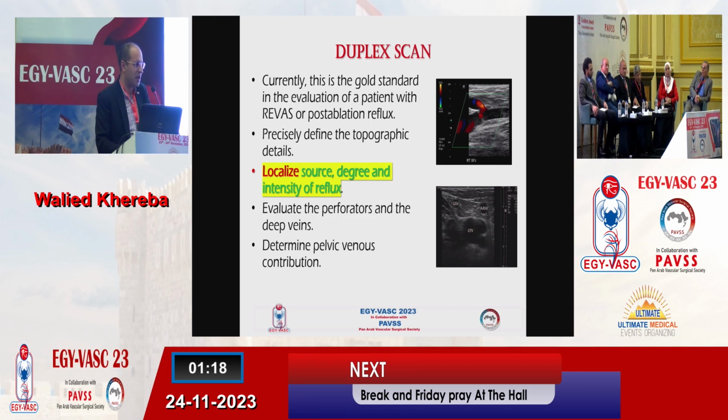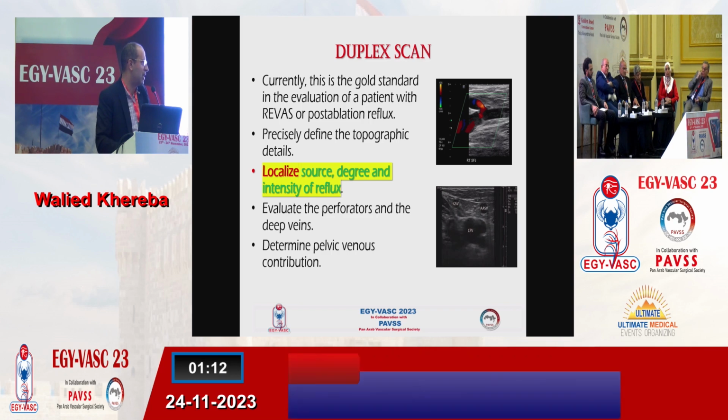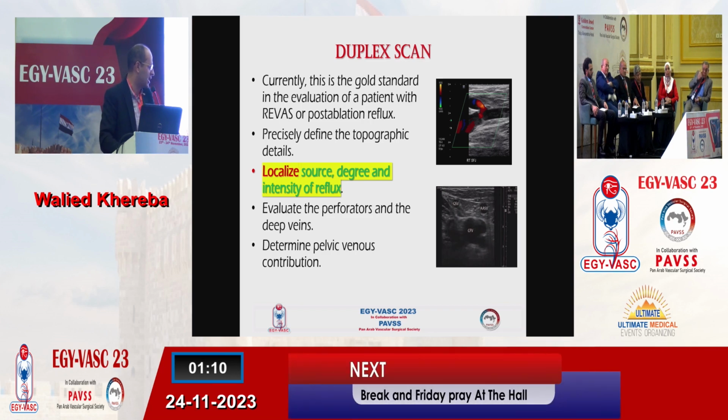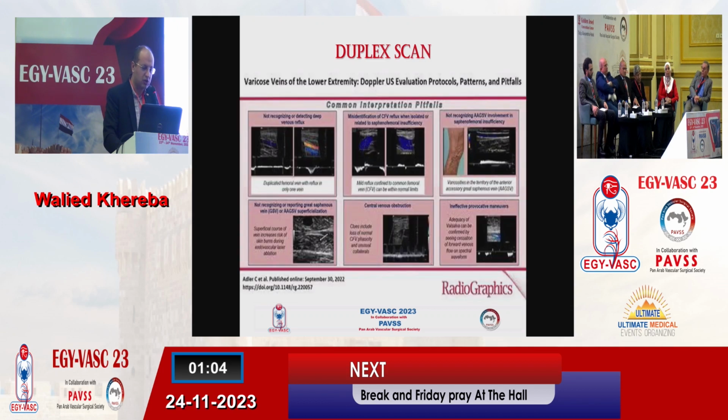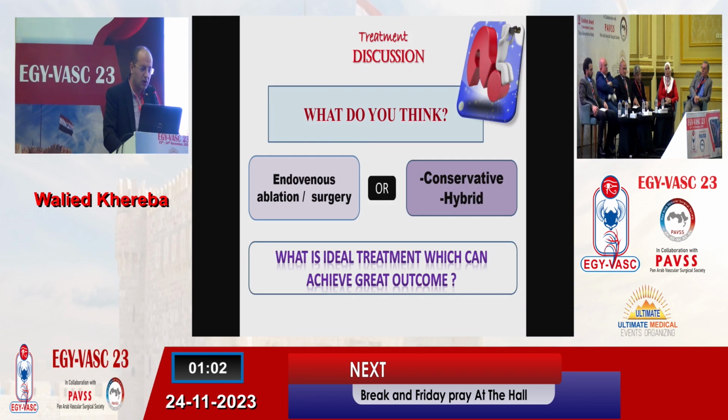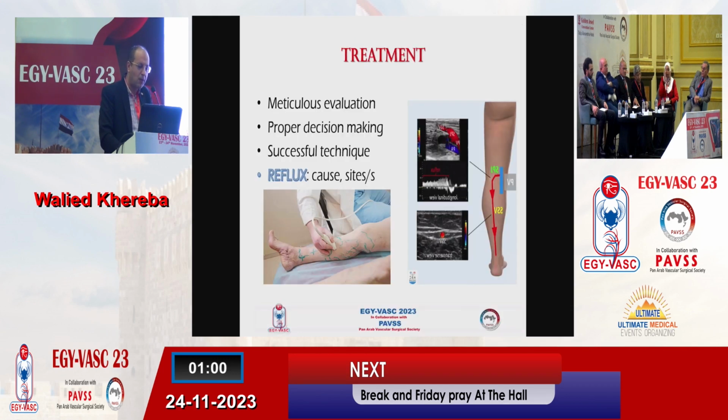But if it happens, duplex study to localize the cause and the site of reflux, with good management of the reflux, is the cornerstone for successful treatment of recurrent varicose vein. Meticulous evaluation, proper decision making, successful technique, and detection of the cause and site of the reflux are the cornerstone for proper management.